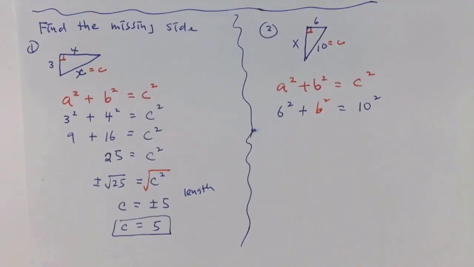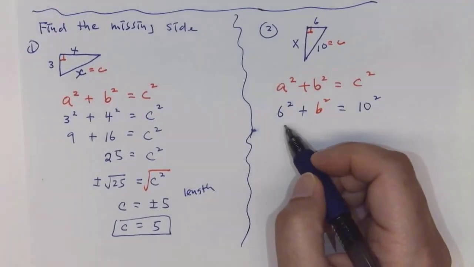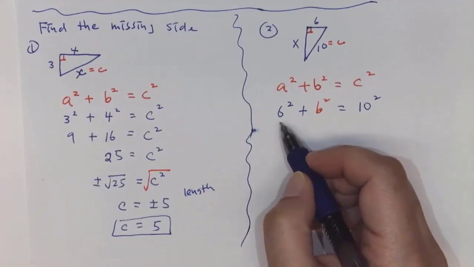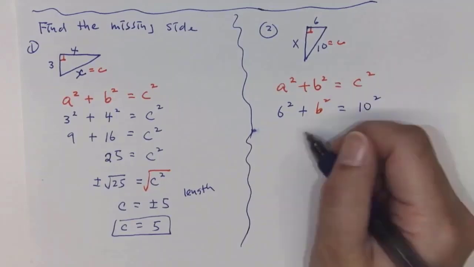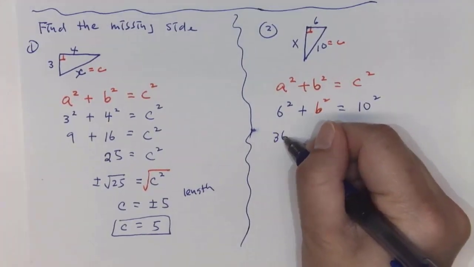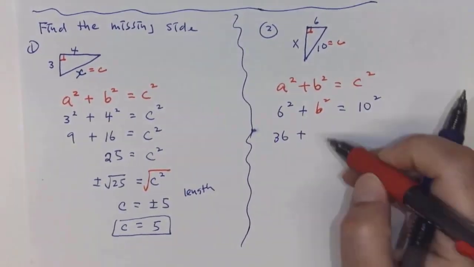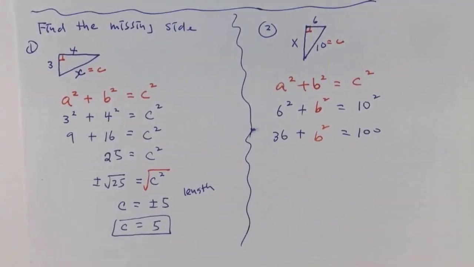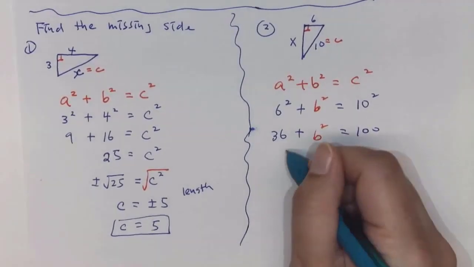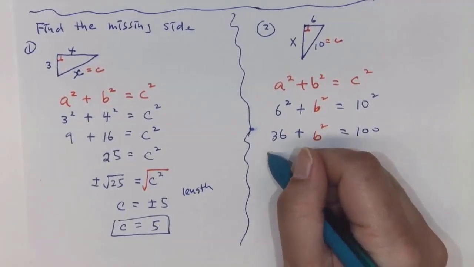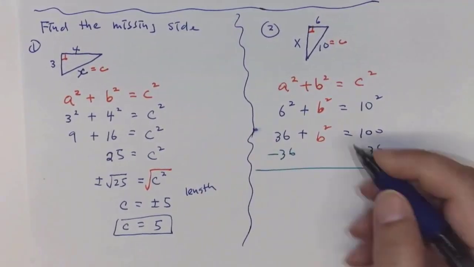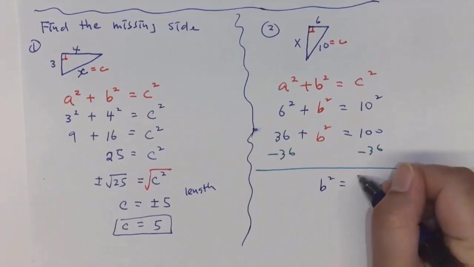I'm worried about time for the quiz, so 6 squared is going to be 36 plus the B squared equal to 10 squared is 100. And then we need to solve for B. So first we will subtract 36 both sides. 100 subtract 36 is 64.